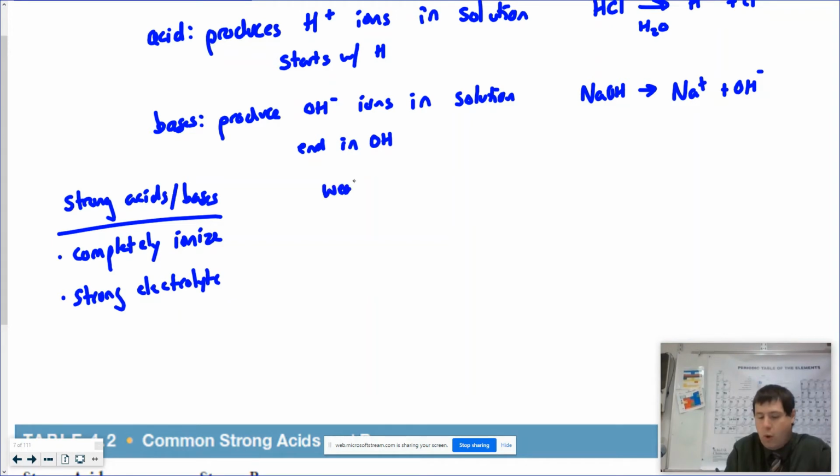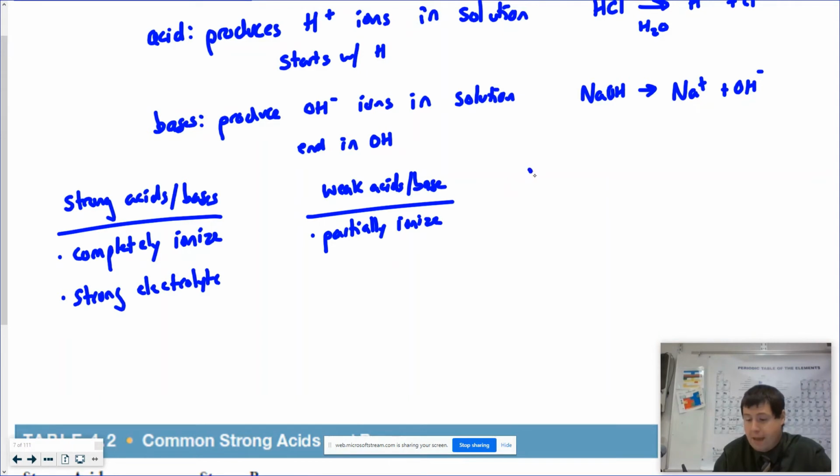Whereas the weak acids and bases don't break up in solution very well. So they only partially ionize. A good example of a weak acid is acetic acid, vinegar. Vinegar, CH3COOH, is an acid, but it doesn't really ionize.